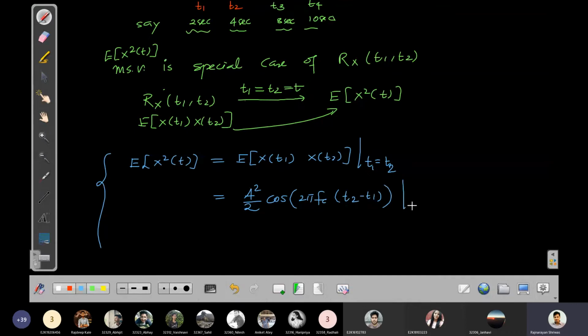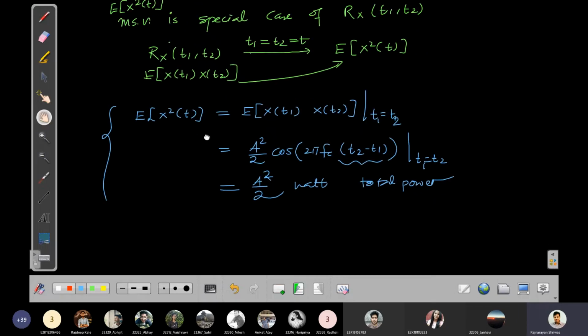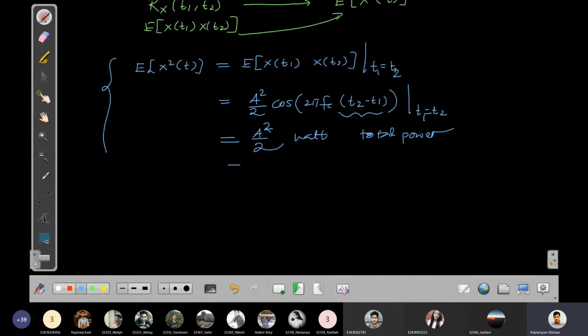When you plug t1 equal to t2 here, you get 0, and cos 0 is going to be 1, so this will be just simply A squared by 2. So this is the mean square value, which is total power. You can see this total power is constant if Rx is only a function of time difference.